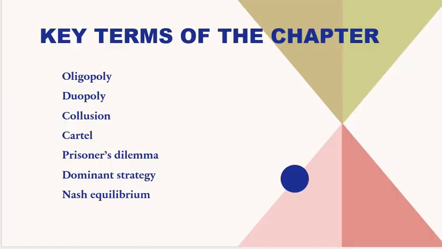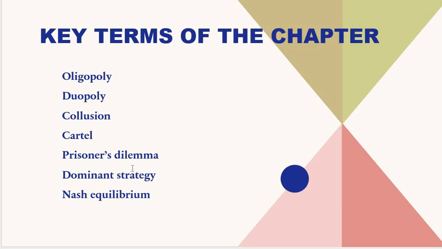Okay, so this is all we're going to cover from chapter 18. We mostly focused on a list of vocabulary. We started by introducing what an oligopoly and a duopoly are. And we talked about how collusion and cartels can really benefit each of the oligopolists, because they would act as one monopolist.